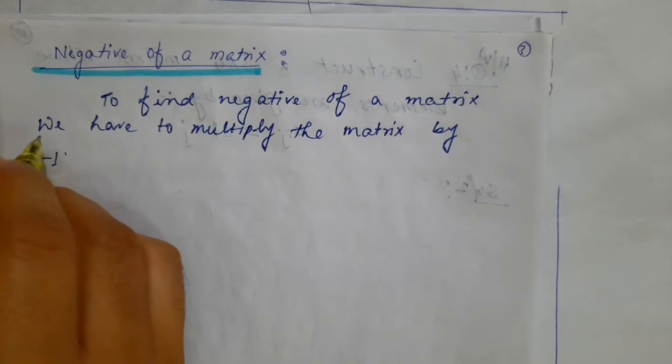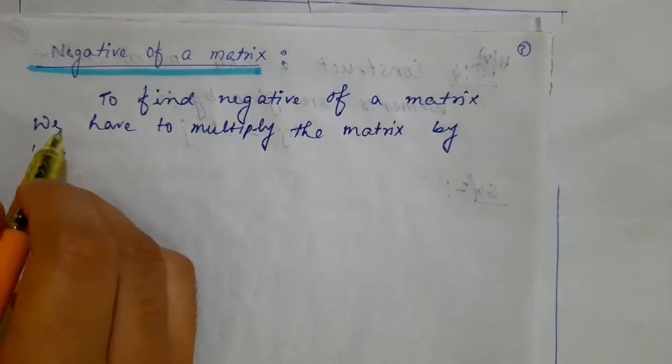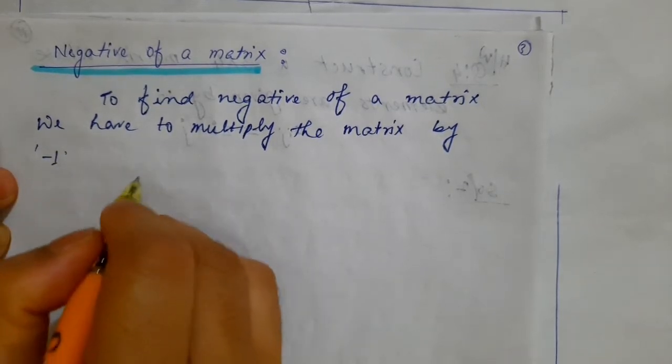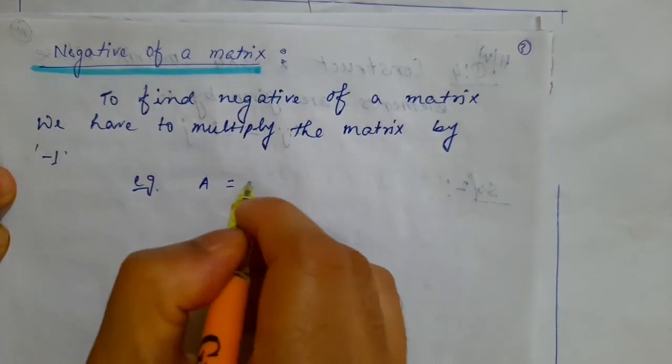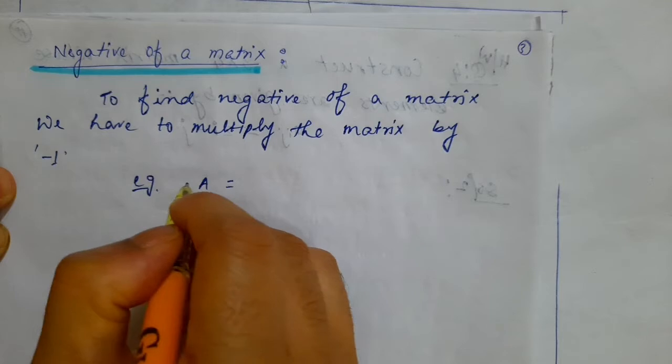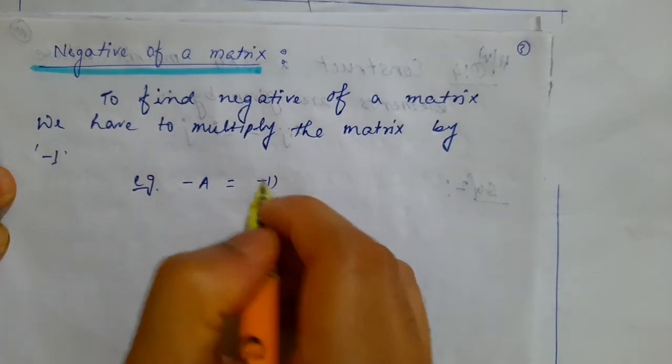Here -1 is considered as a scalar quantity. Suppose that is A, the negative of the matrix, minus A, will be -1 into A.